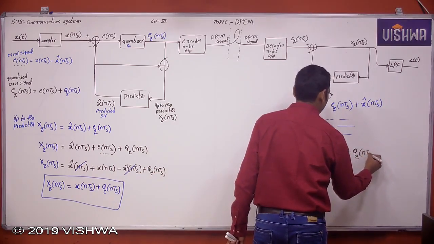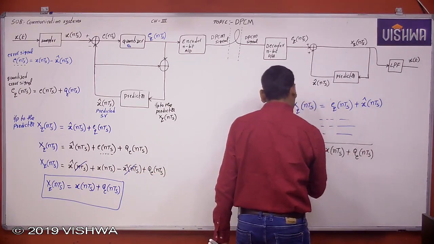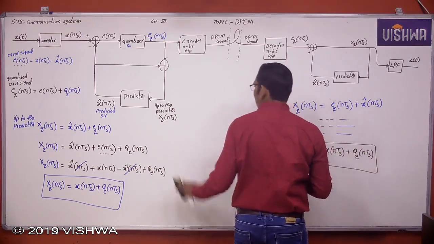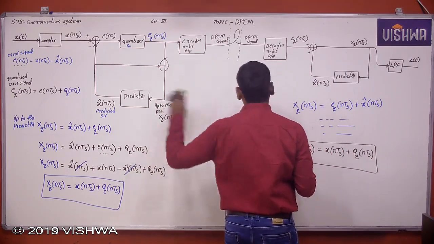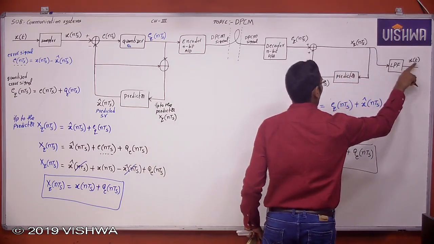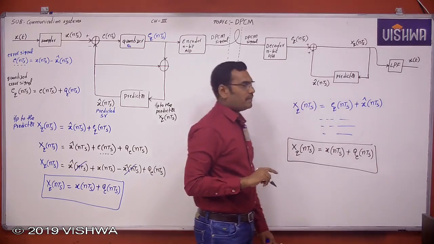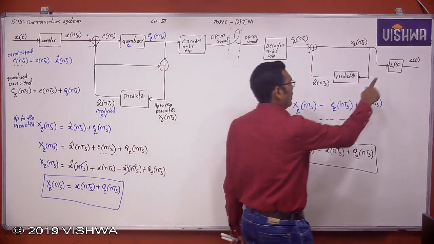That is the final answer. Now this is the input to the predictor, or the quantized sample value, which goes to the low pass filter for reconstruction, and you will get the same signal as the original signal.